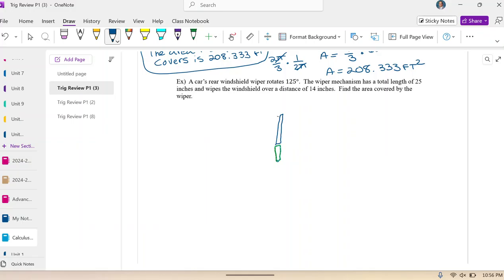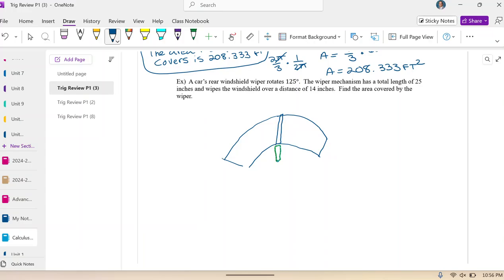When you do the windshield wiper, it rotates this way, it rotates that way, and it gets clean only in this part, right? The bottom part of your windshield still has some water on it.